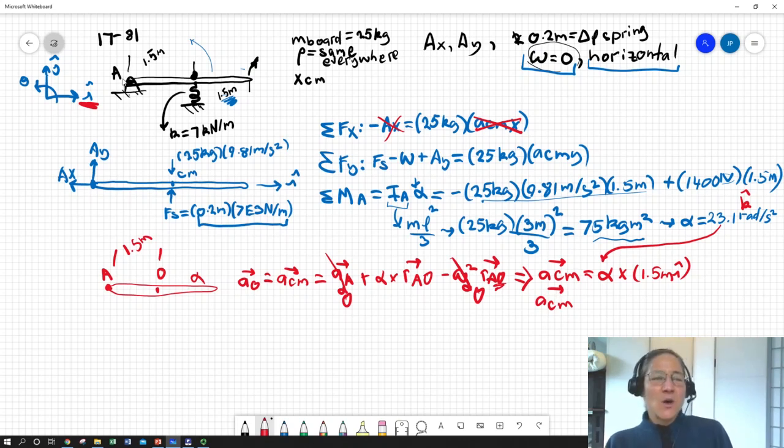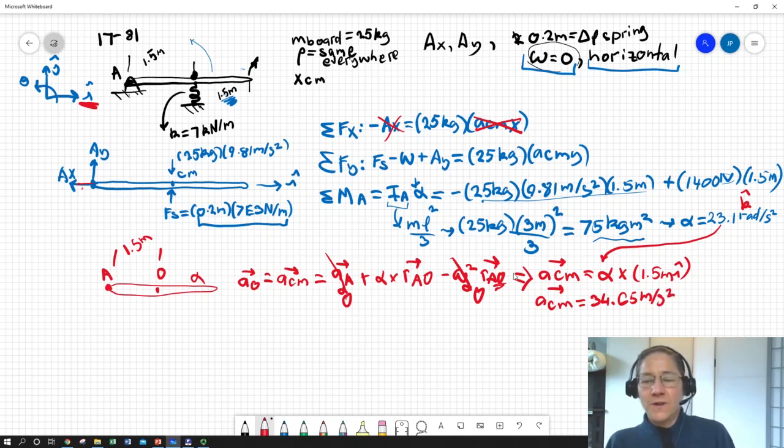In this case, we had no force in the horizontal direction because we had no acceleration. So no force needed to be applied. The board wasn't trying to move that way. So acceleration of the center of mass ends up having a magnitude of 34.65 meters per second squared, and it's going up.